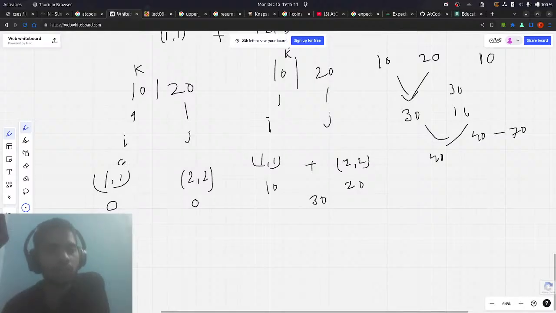This 0 combined with this 0, and the whole answer, what will be the total answer? It will be nothing but the cost of combining these two, so it will be a1 plus a2.